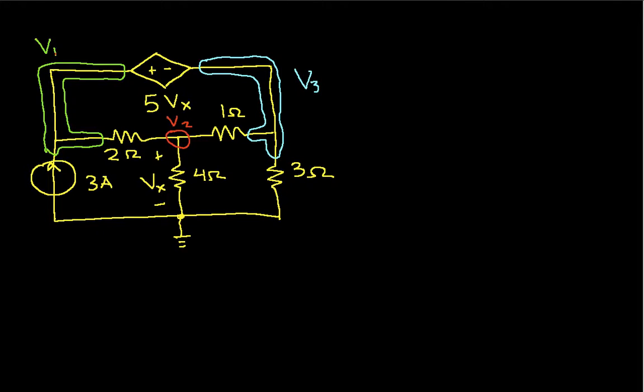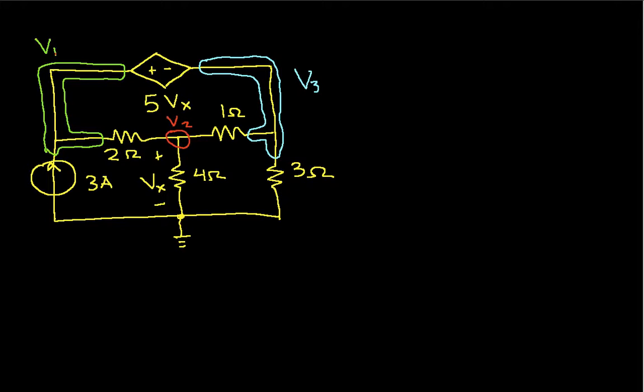Okay, so how do we proceed to do nodal analysis? Well, we'd like to start with node 1. But you'll notice that node 1 is connected with a voltage source, this 5Vx. It's a dependent voltage source, but it's still a voltage source, to node 3. So this kind of complicates things.